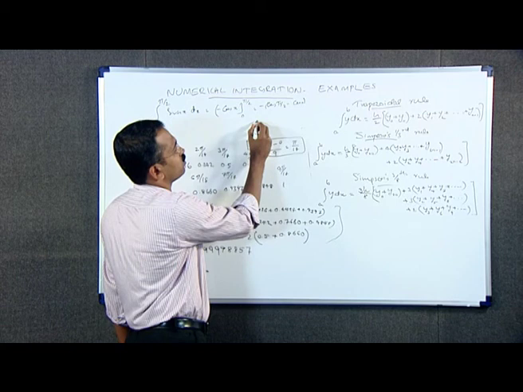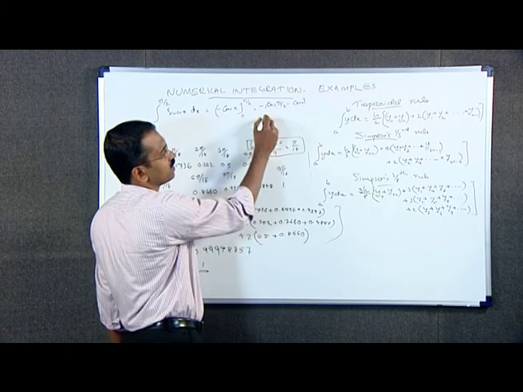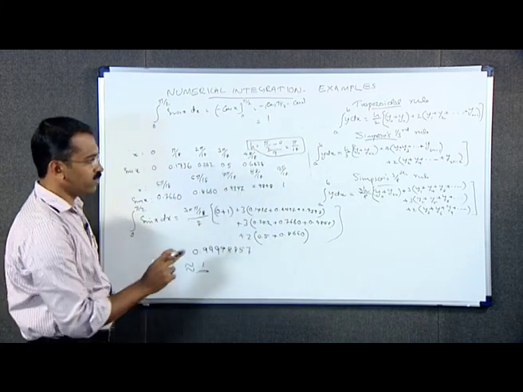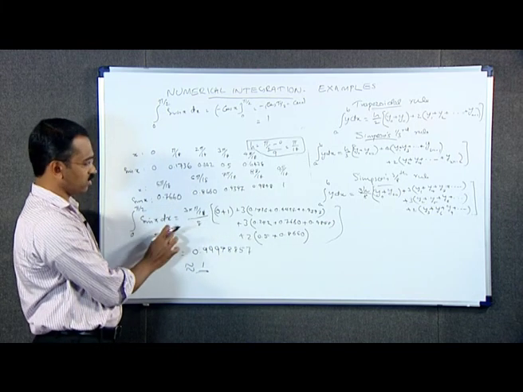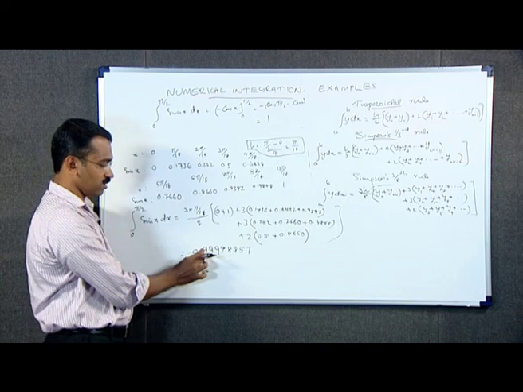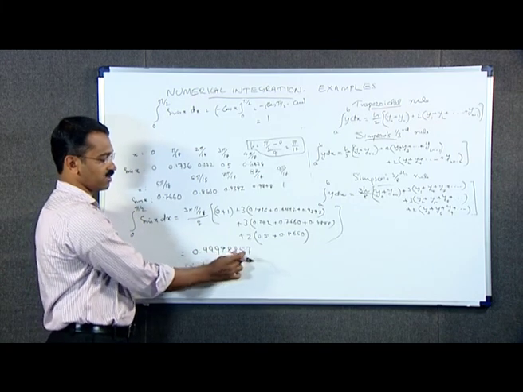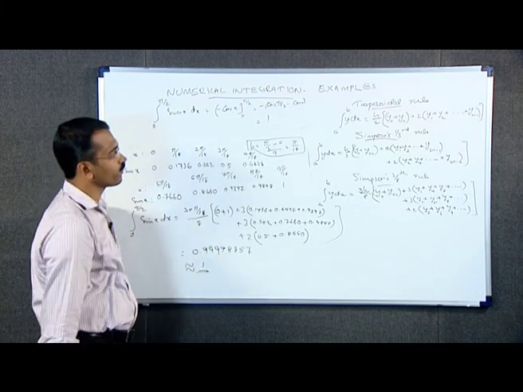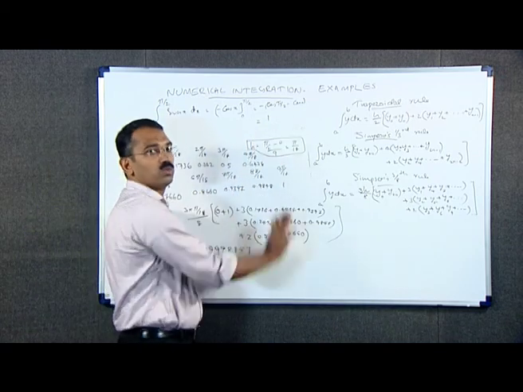The actual value of this integral is 1. If we use this Simpsons 3/8 rule, we obtained the value of this integral as 0.9998857, which is very close to the actual value 1.